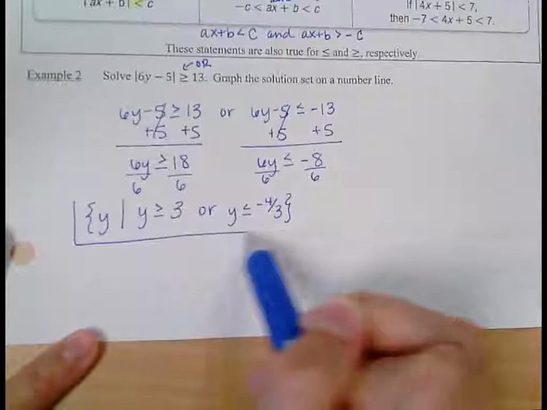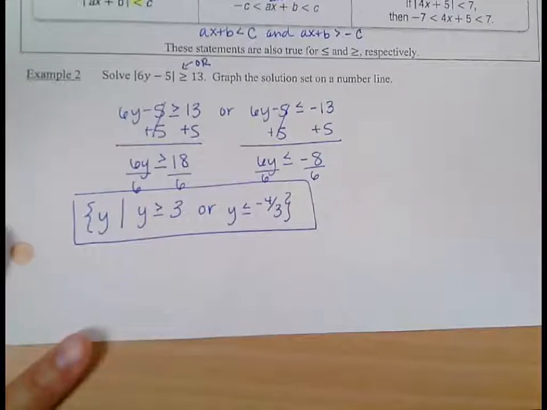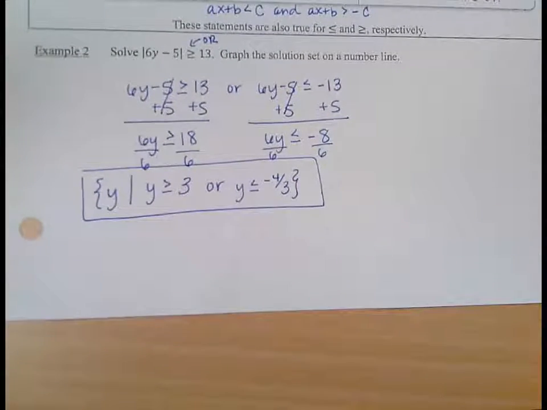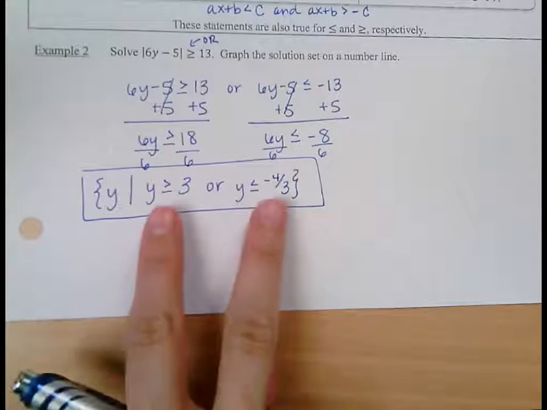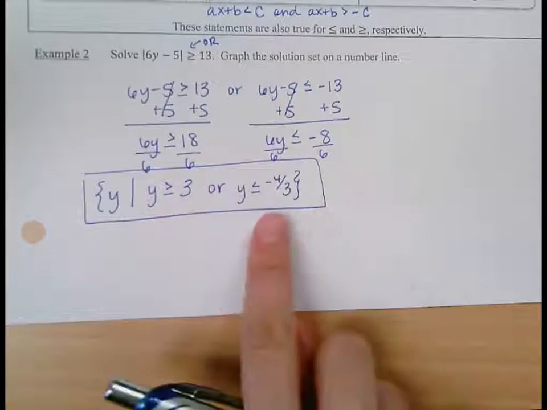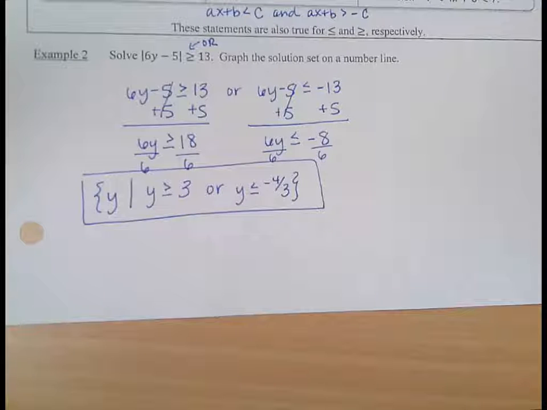So this would be the set builder notation. The only way you could write it differently is if you switched the 2 inequalities. So you wrote the y is less than or equal to negative 4 thirds first. That would be fine. Any questions on solving it, setting it up, or solving it?